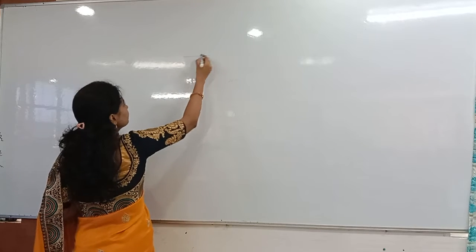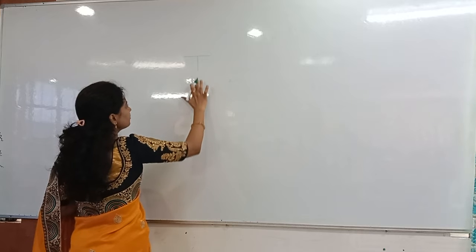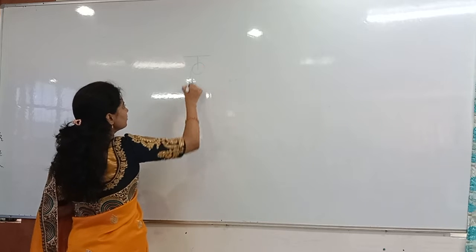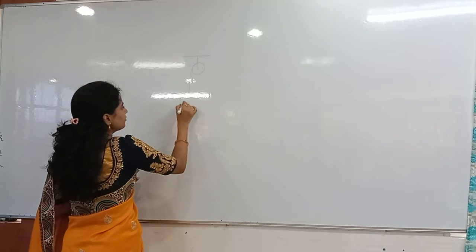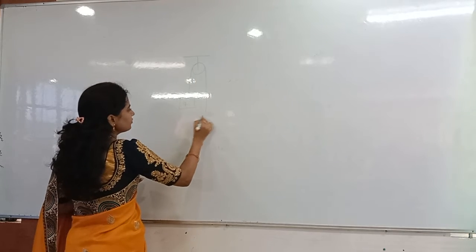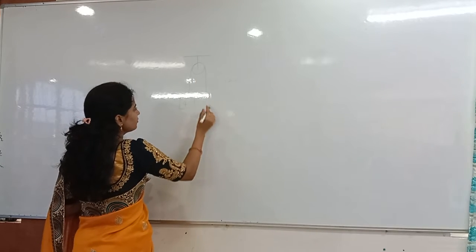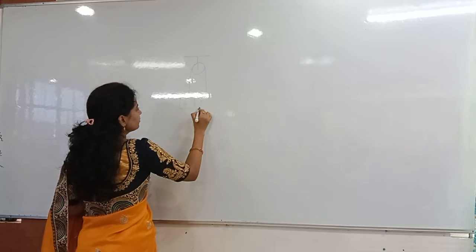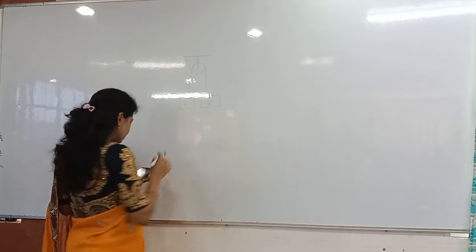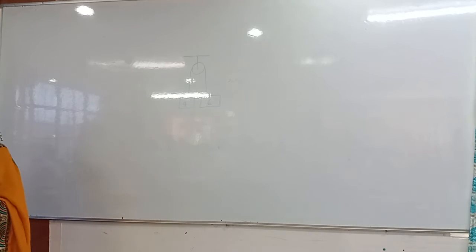Left mass is 4 and right mass is 6. You have to find out the work done by the tension and after that the work done by the gravity.